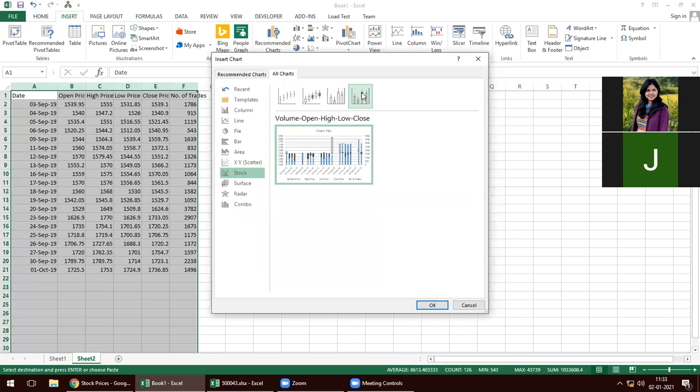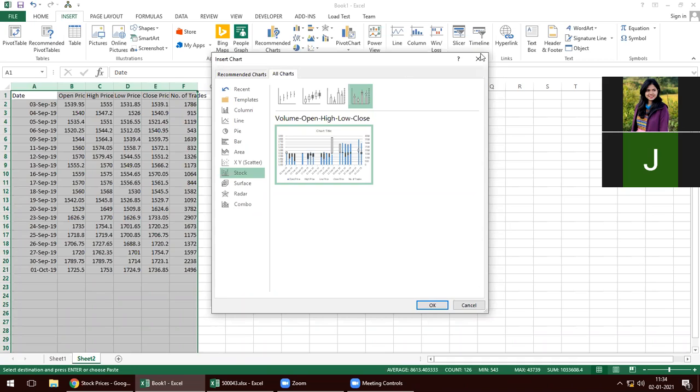The last chart will show the volume also, but in a different order. The volume is the number of trades. For this chart, the volume should be first, but in the data sheet we have the opening price at the beginning.